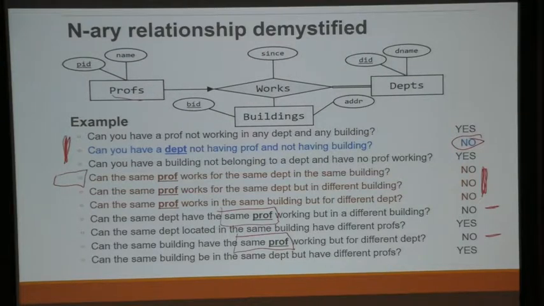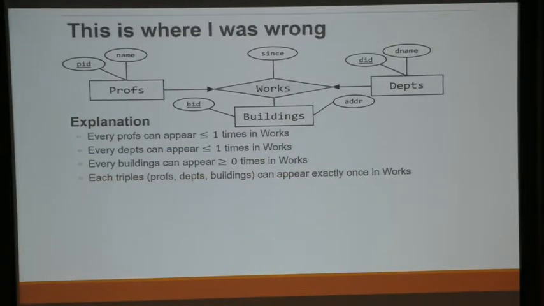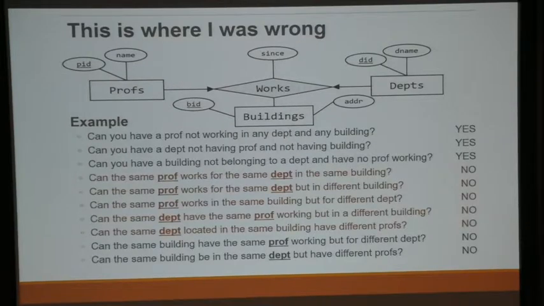All right? So this one, again, less than or equal to 1, less than or equal to 1. This 6 or 5 are for that key constraint. But notice that these two cannot be yes as well, because again you have the same professor here and you have the same department here.